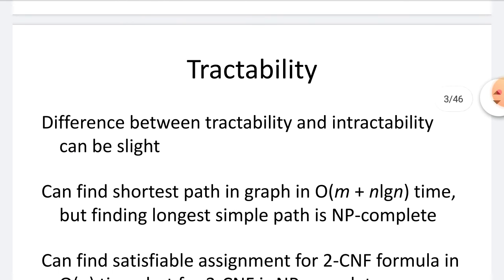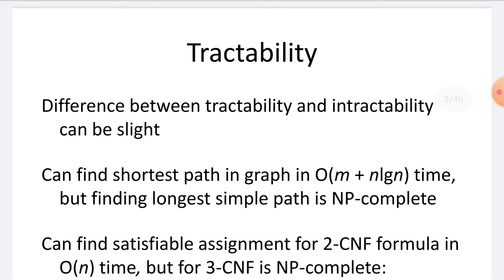Now, there are some differences between tractability and intractability, and they can be slight, a very small difference. You can find the shortest path in a graph in order of m plus n log n time, but finding the longest simple path is NP complete.